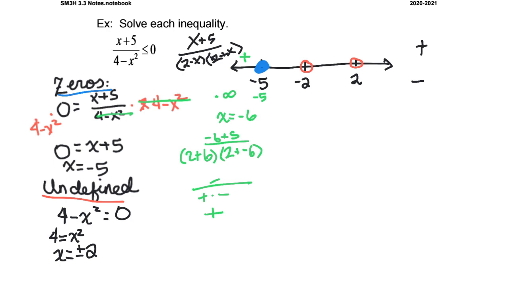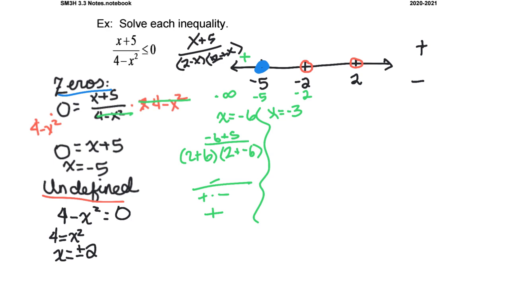Then I'm going to pick a number between -5 and -2. And again, because there was not a 0 or an undefined, I know that it can't cross over the x-axis. So it has to be doing the same thing in that entire interval. So I'm going to pick -3, just because that seems like it's going to be an easier value. So I'm going to plug in -3.